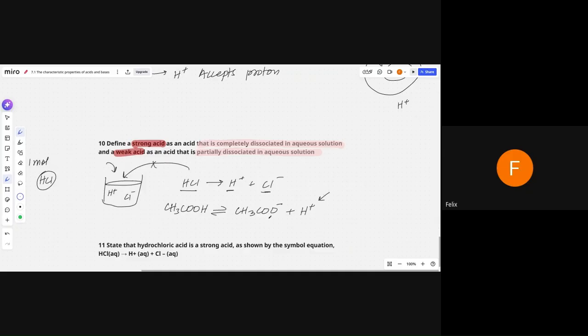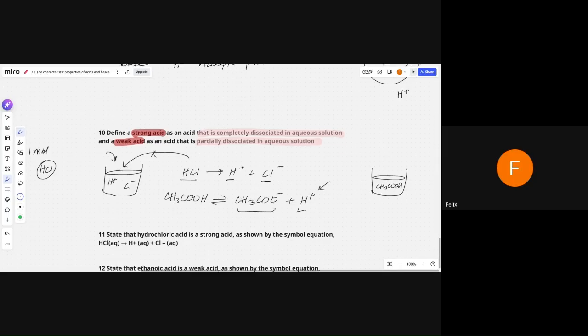But their concentration in the beaker will be negligible. So most of the acid will remain undissociated in this beaker, and there will be very few acetate ions and protons. So that is the difference between a strong acid and a weak acid. I hope this is clear.